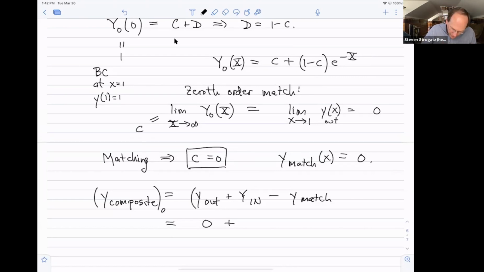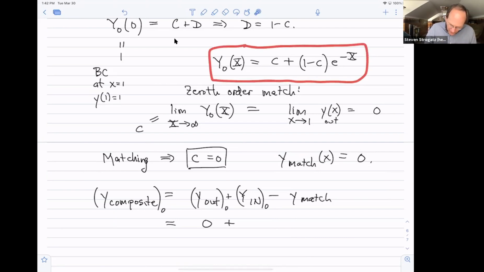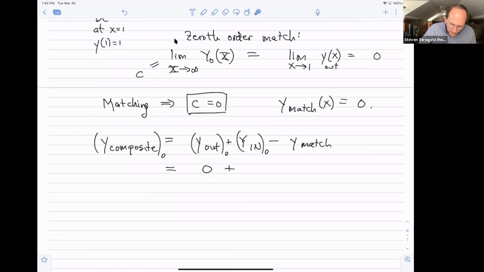So Y out sub 0, that's just 0. The Y in sub 0, we just calculated up here. If I look at this with C equal to 0, I just get e to the minus big X, and then minus Y match, which is 0.